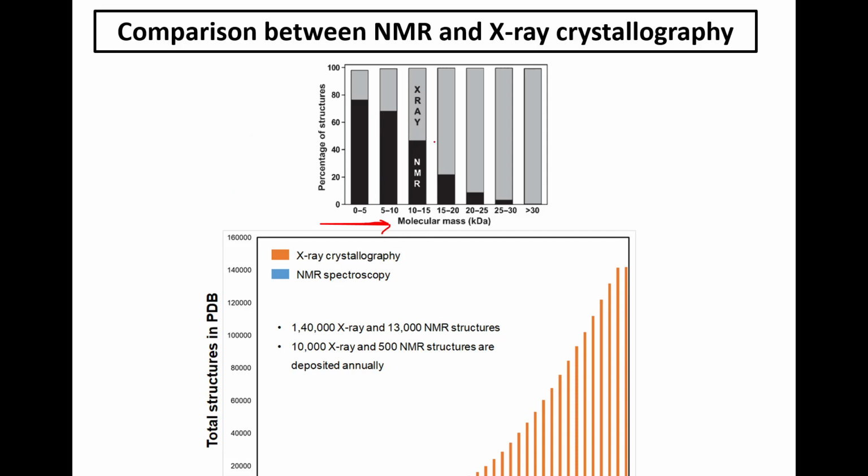NMR is a very good technique to solve high resolution structures only when your protein molecular weight is less than 30 kilodalton. The lower the molecular weight, the better for NMR to give high resolution 3D structures. That's why NMR techniques were previously used by many chemists.